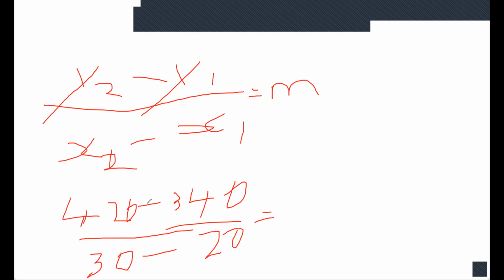And this is equal to 80, right? 420 minus 340 is 80, over 10, which is 8. Eight.